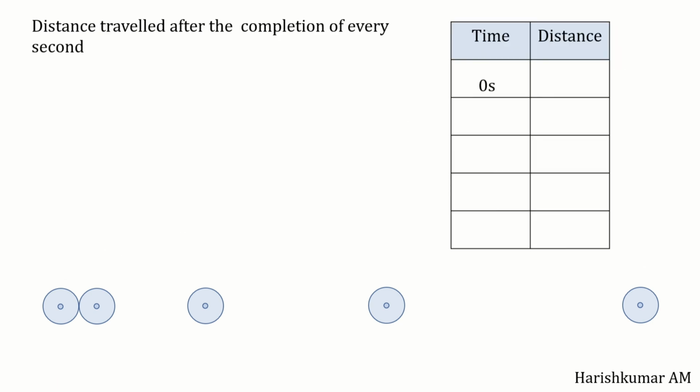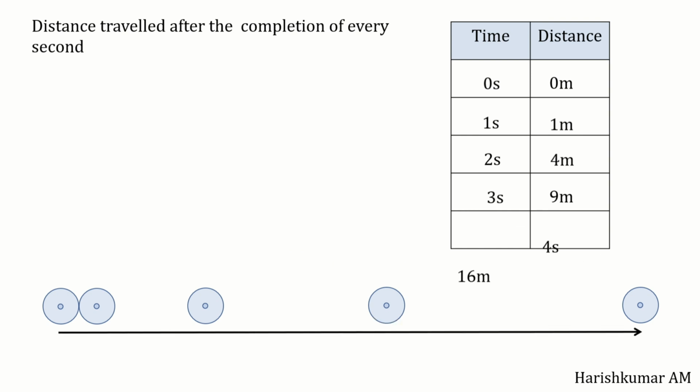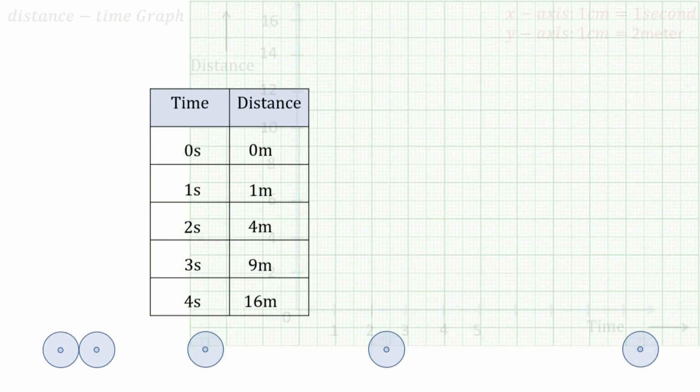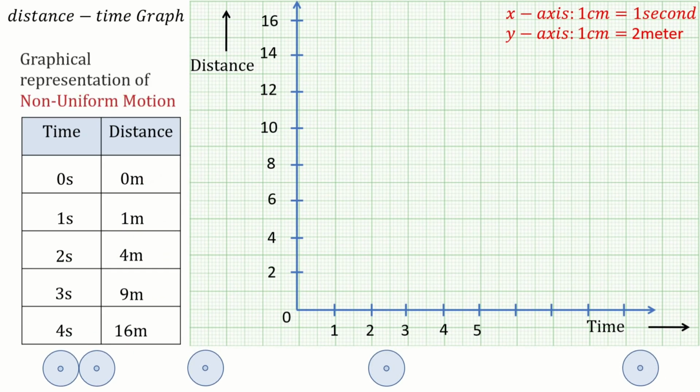Let us tabulate the time and distance of an object which is under non-uniform motion. So now we are going to represent this data on a distance time plane.